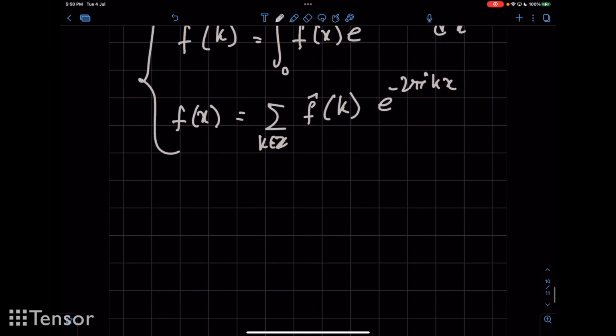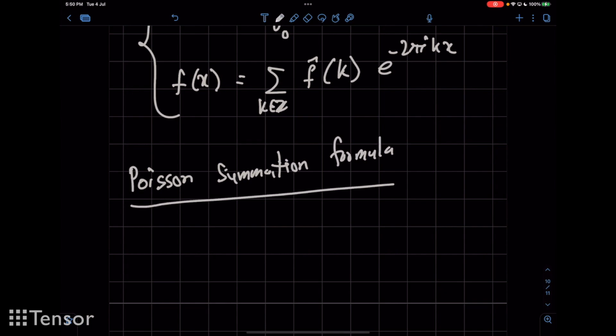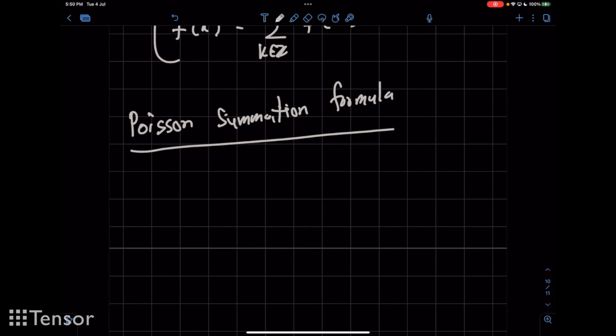Now we're going to derive the Poisson summation formula. So suppose f is a, let's say, complex valued function on the real line, and f is absolutely integrable.